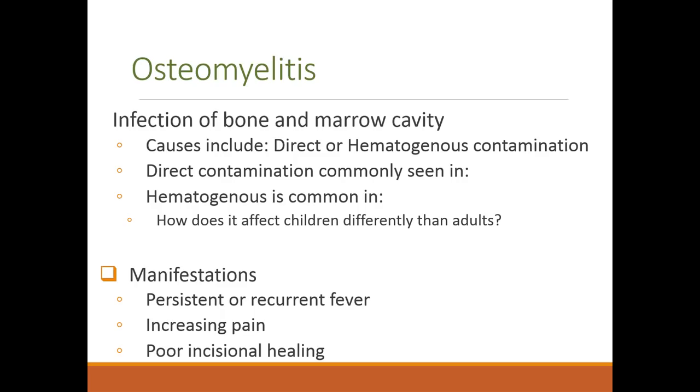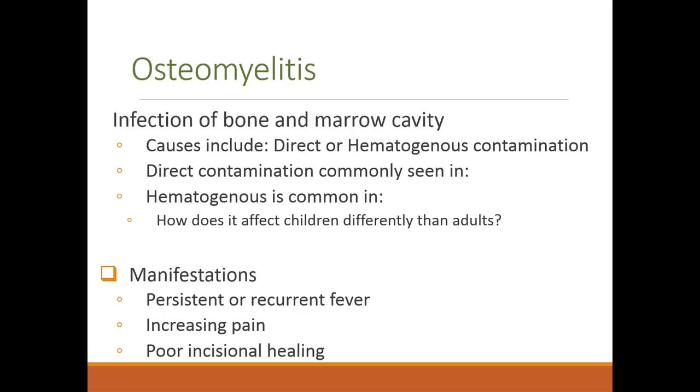The way that it affects kids differently than adults is that in children, the infection usually affects the long bones of the appendicular skeleton, so like the femur, the tibia, fibula, the humerus, the radial ulna bones, those long bones of the appendicular skeleton.